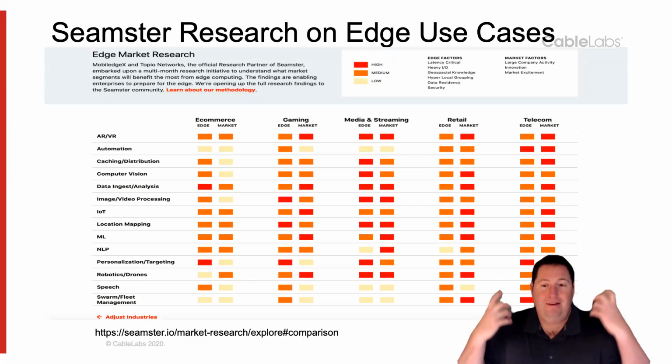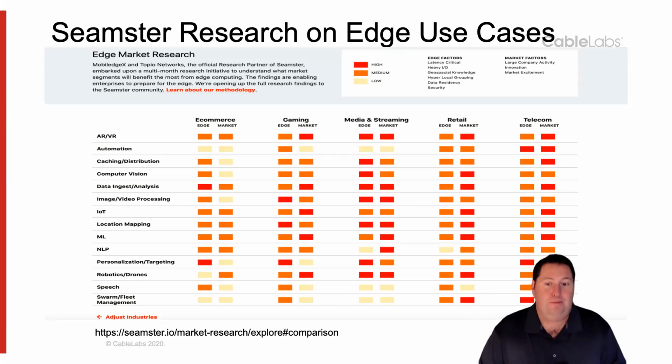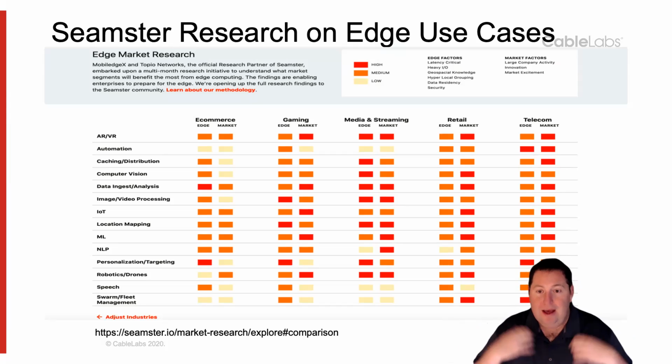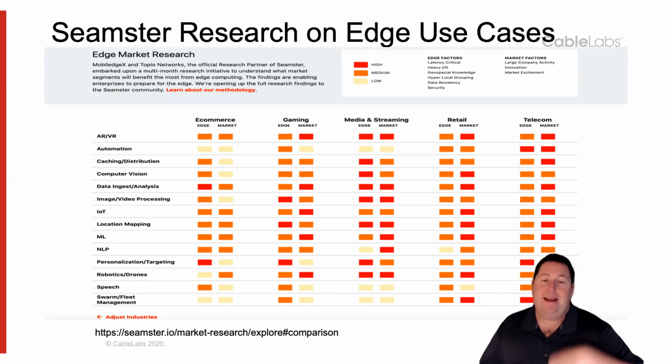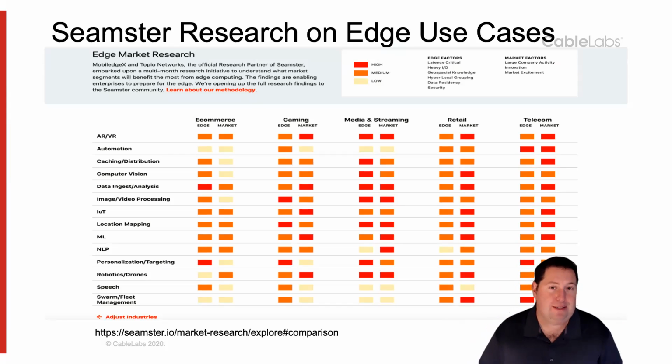So again, why are we looking at acceleration and edge? Well, if you look at these applications we're seeing as leaders for the edge, pretty much all these have some kind of acceleration opportunity. Cloud gaming, AR, VR, video, those can all benefit from GPUs. Machine learning can go better on GPUs, FPGAs, or other special processors.